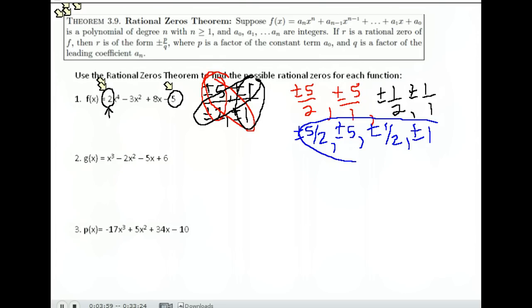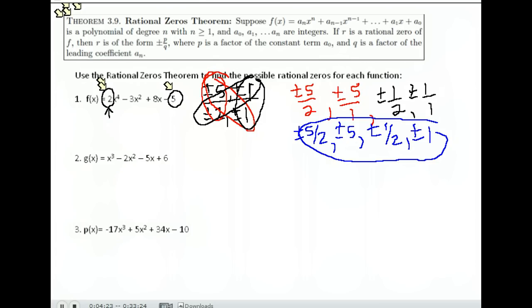This is awesome because instead of just having to guess numbers and check them to see if they're zeros, we now have a smaller group to check. We're down to a group of 8 numbers to check instead of an infinite number. That is why we like the rational zeros theorem.